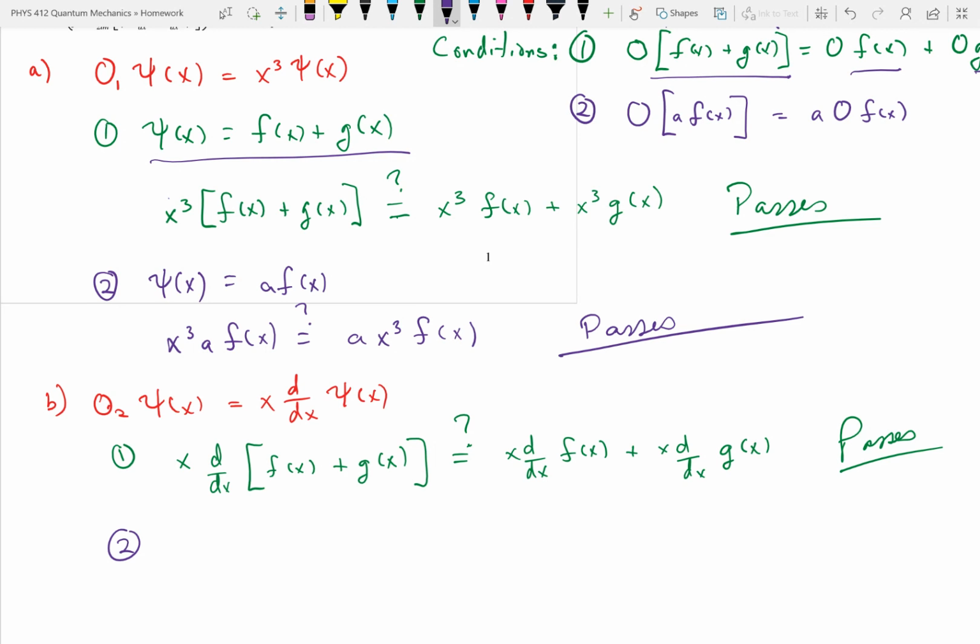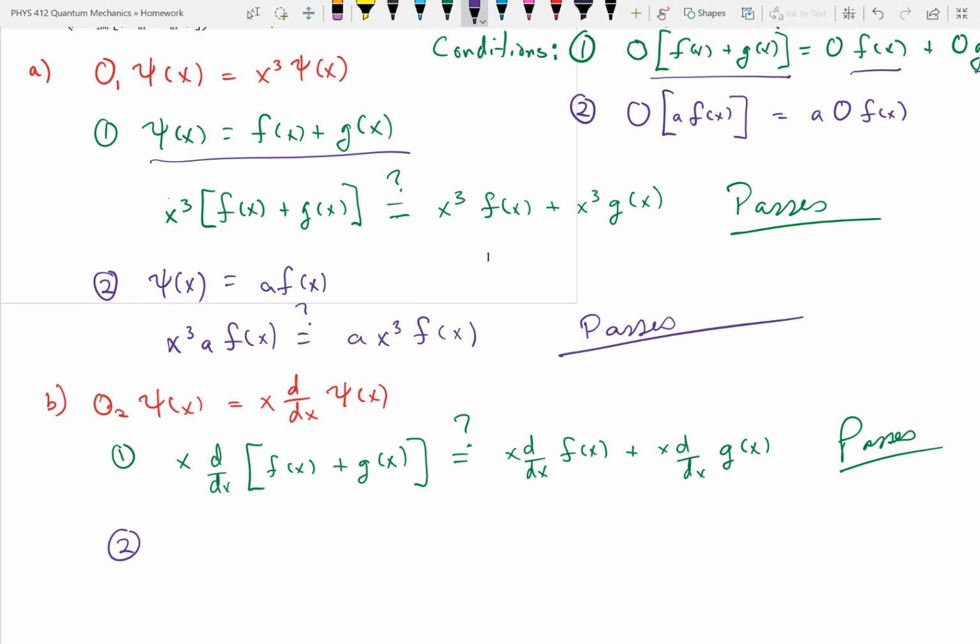So it has to pass for all functions, not just for one example function. Now, if it fails for an example function, it fails. But you would have to test every possible function for passing. So you can disprove, just like with science, right? You can disprove with a single case. It would take every possible case to prove it, which is not possible, except for doing it in general.